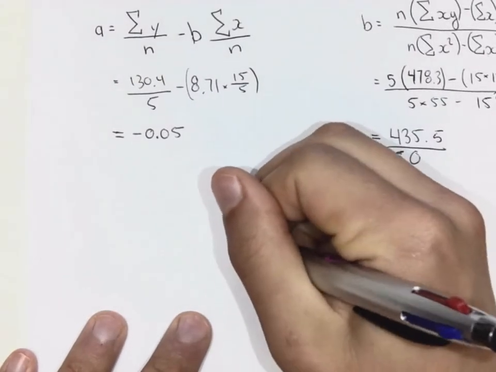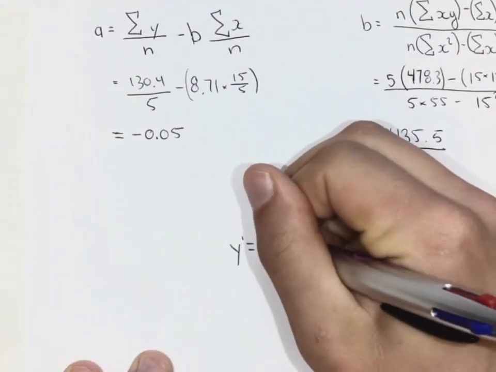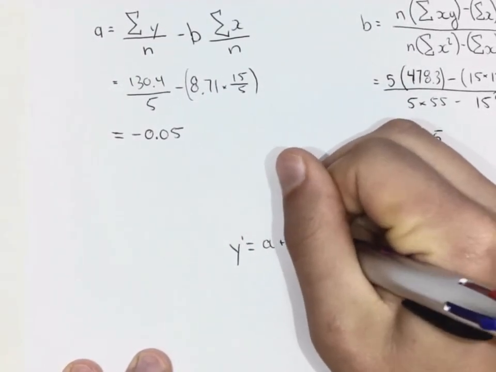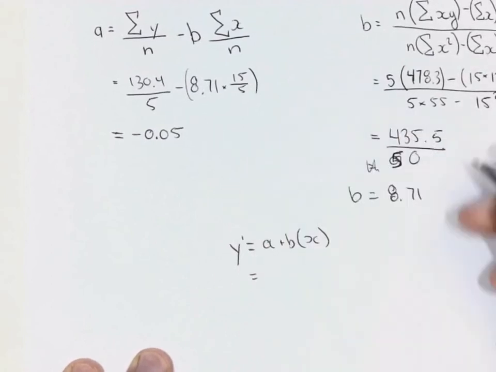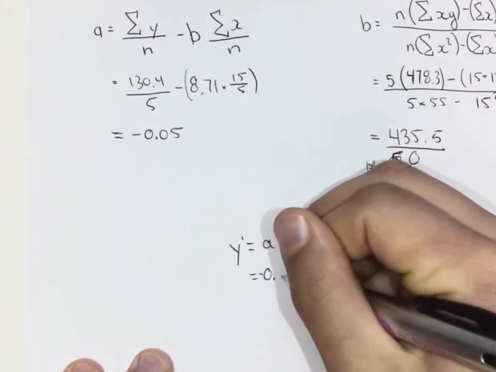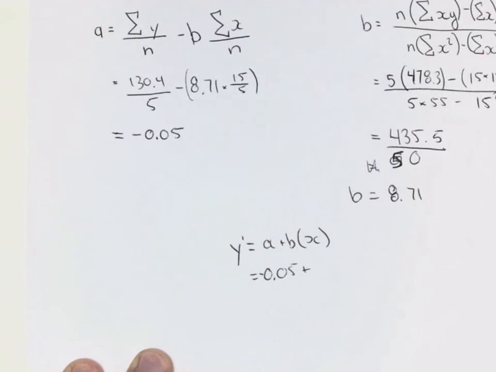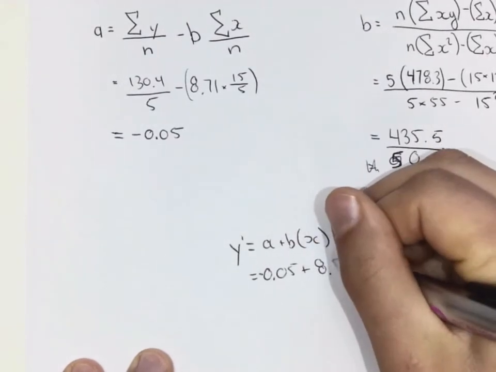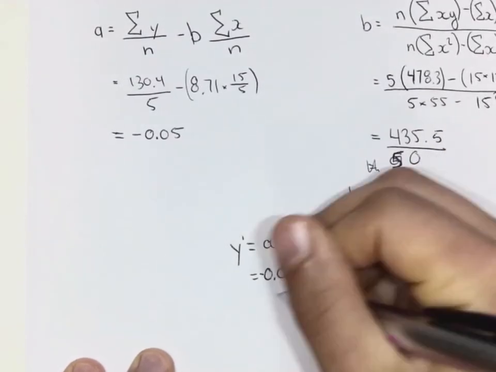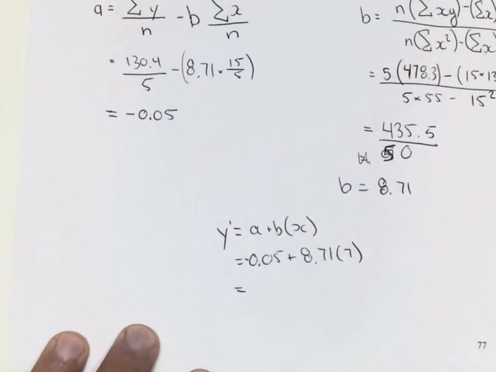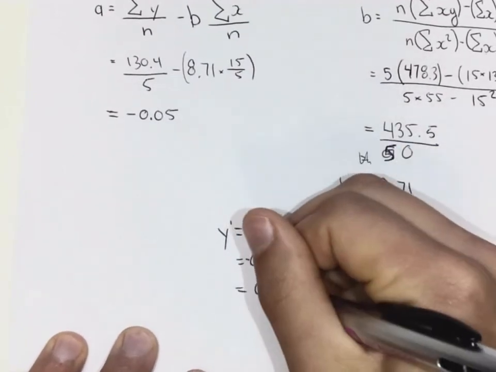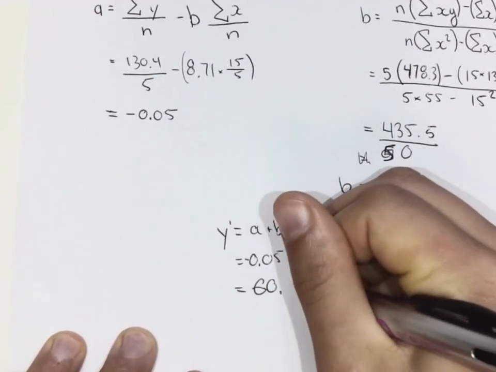So y prime equals a plus bx, y prime equals negative 0.05 plus 8.71 times 7. And we get an estimate of 60.92.